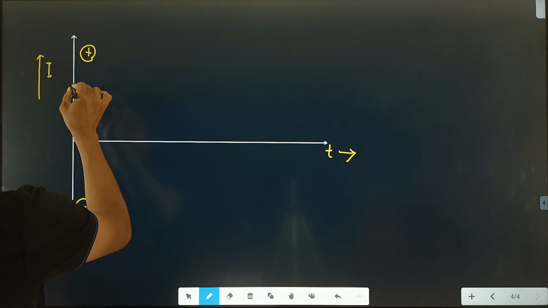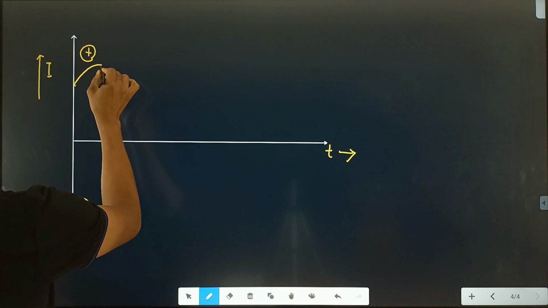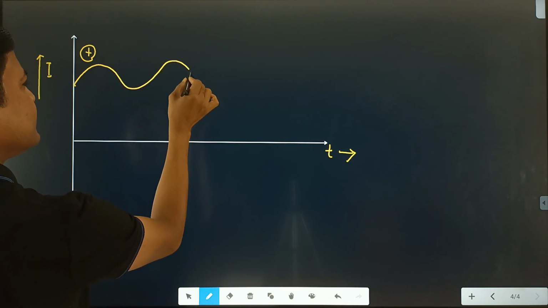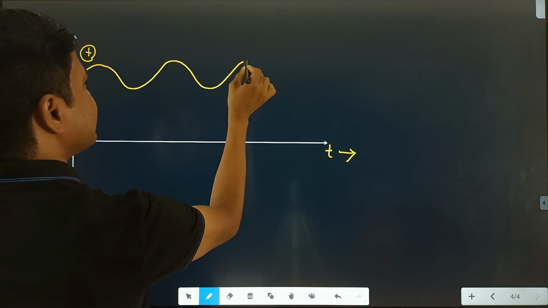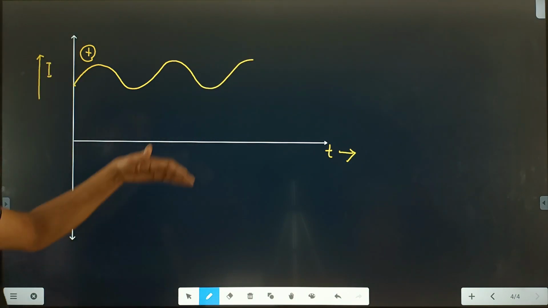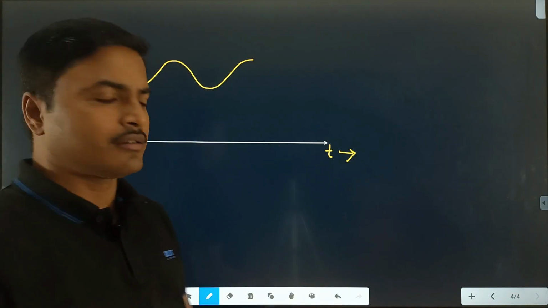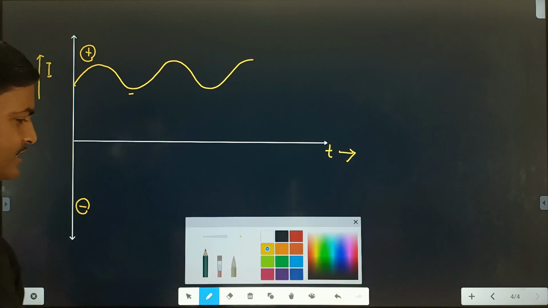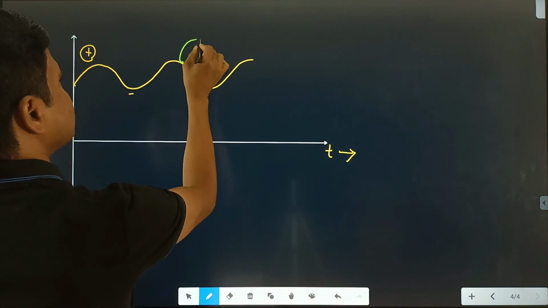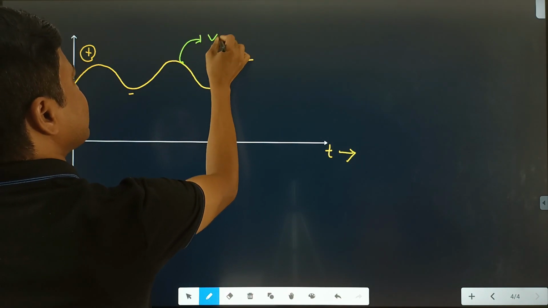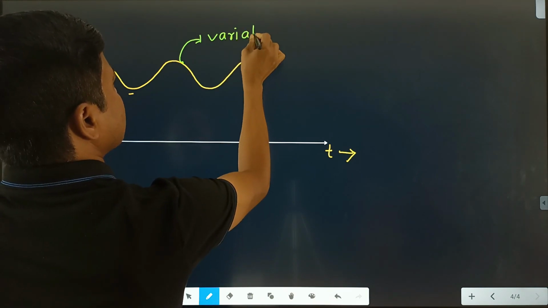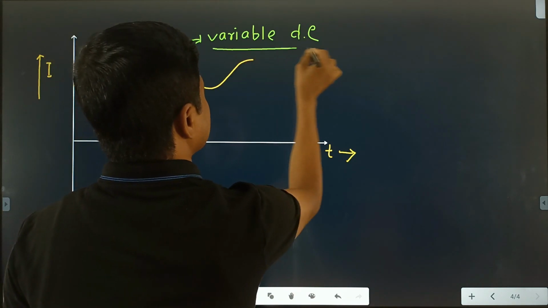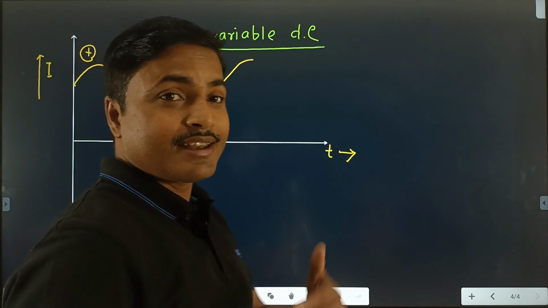Just like this, magnitude gradually increases, then decreases, again increases, again decreases, again increases. Yet the current is always on the positive side, not the negative side, but the magnitude is not constant, so this type of current is known as variable direct current. Clear?